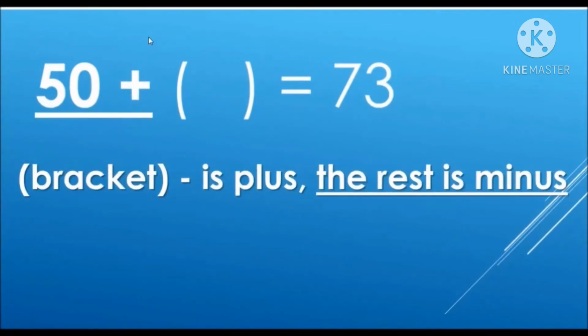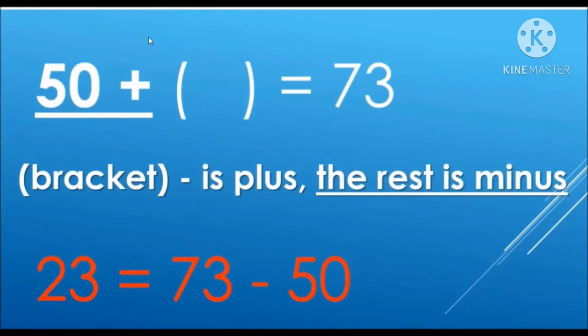We need to minus, because the rest is minus. So 73 minus 50 is equal to 23. So the missing number for this equation is 23.